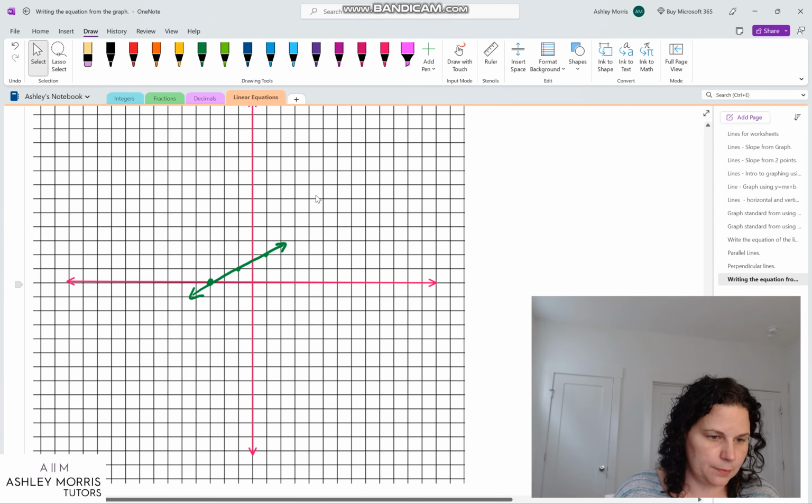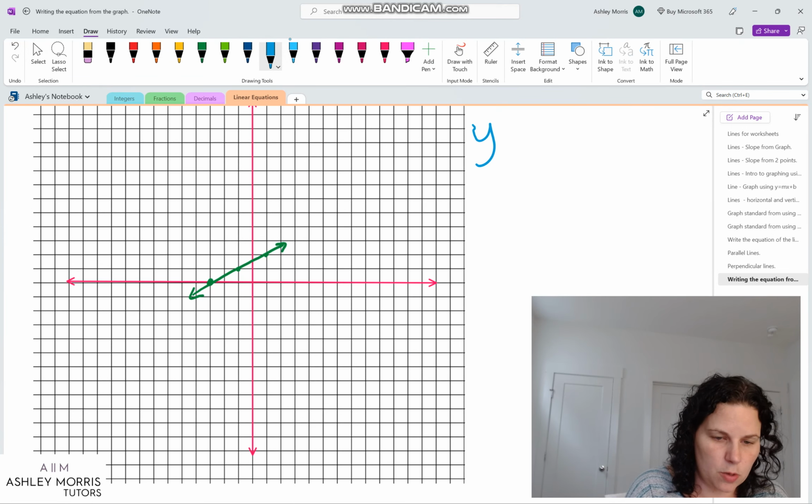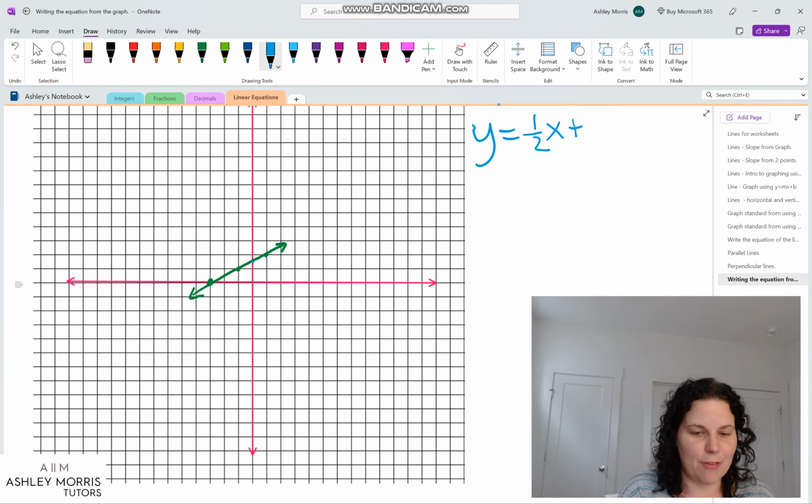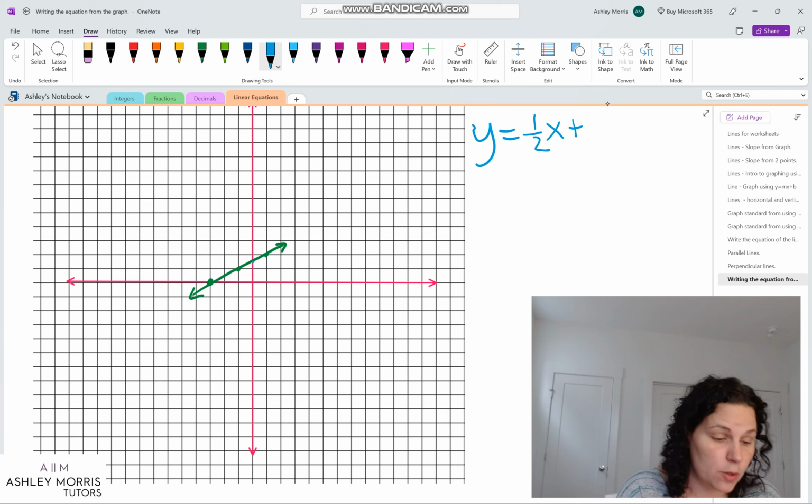Number 3. Find my slope, up 1 over 2. So up 1 over 2 is 1/2 x plus, that looks like 1.5. Sometimes that happens. Sometimes they're not super obvious or super great, so you're just going to have to kind of estimate. So this one looks like it's about 1.5.